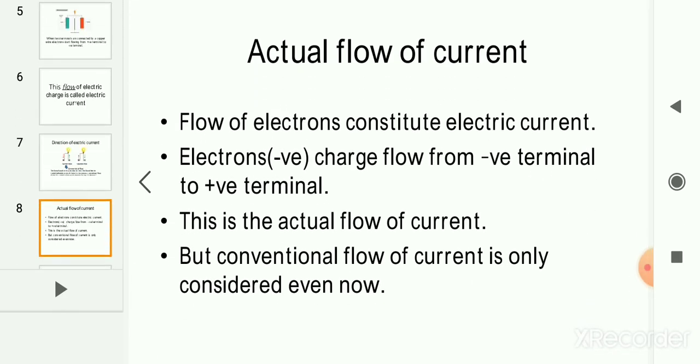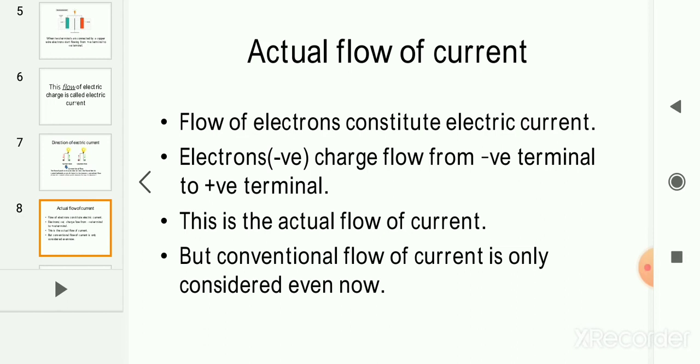So what is the actual flow of current? Now we have learned the conventional flow. Flow of electrons constitutes electric current, we have already learned. Electrons are negative charge, so they flow from the negative terminal to the positive terminal.